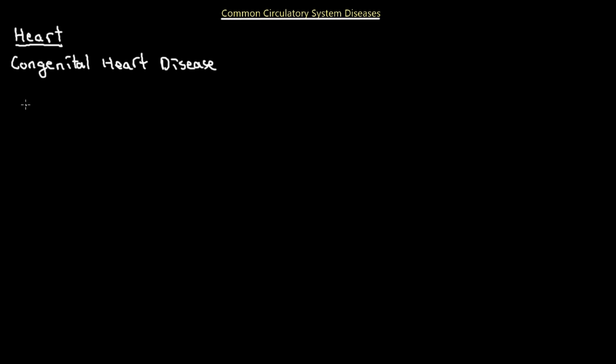Next, we're going to discuss myocardial infarction. So this is a very common one. This is the medical term, myocardial infarction, and this is just a common heart attack. So heart attacks occur when part of the heart muscle does not get enough oxygen.